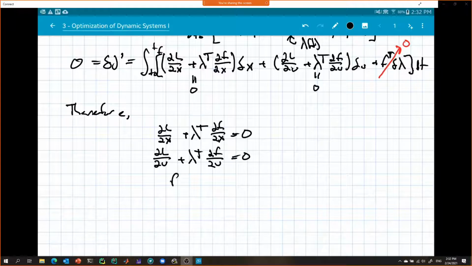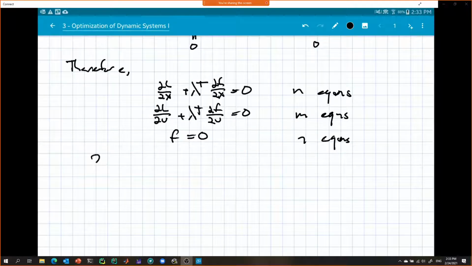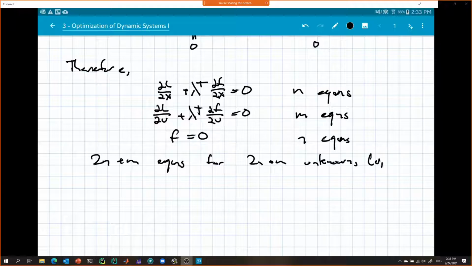And we have our original f. So here we have n equations, m equations, and n equations. So then we have our 2n plus m equations for 2n plus m unknowns: u of t, x of t, and lambda of t.